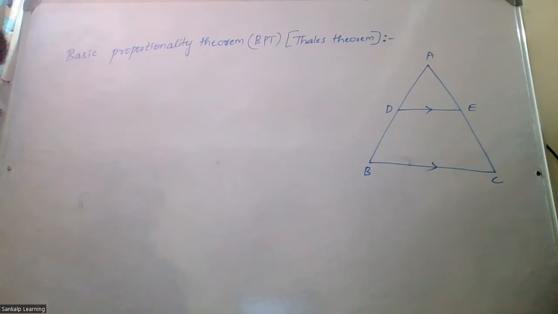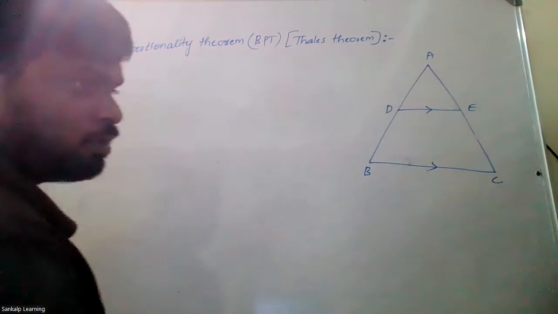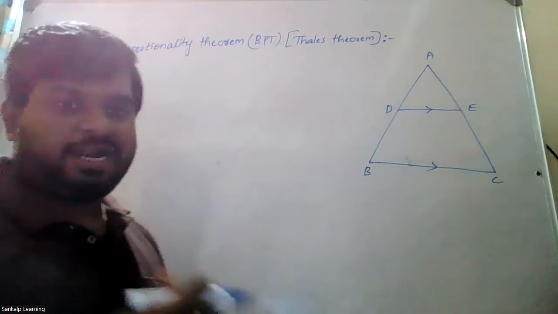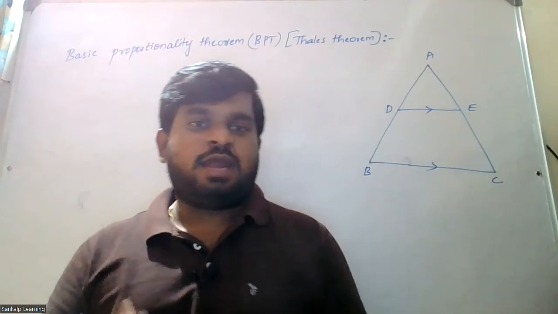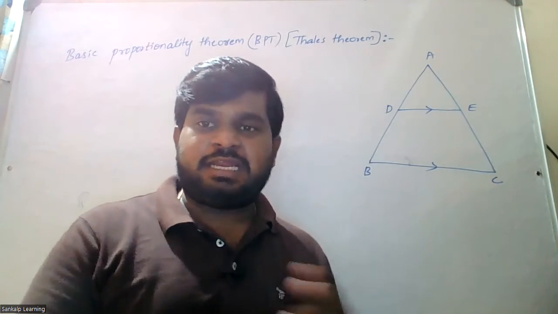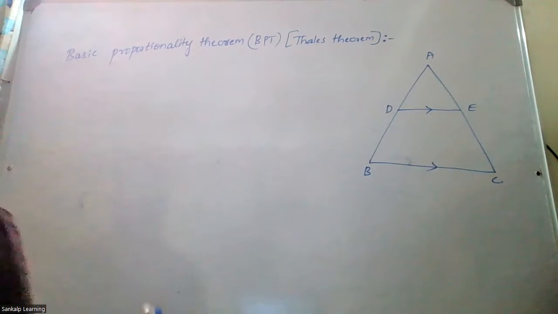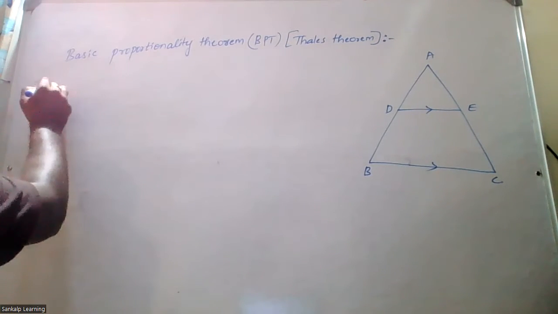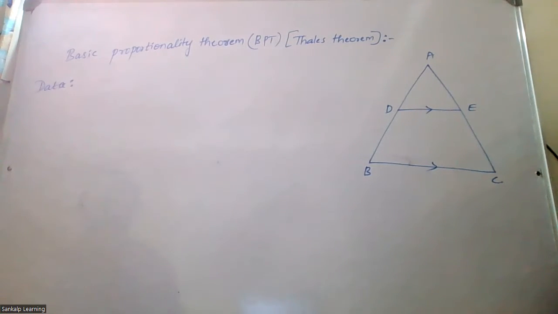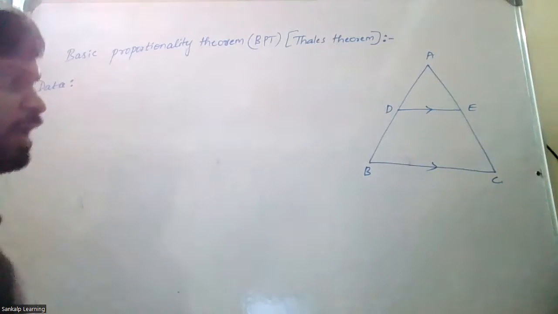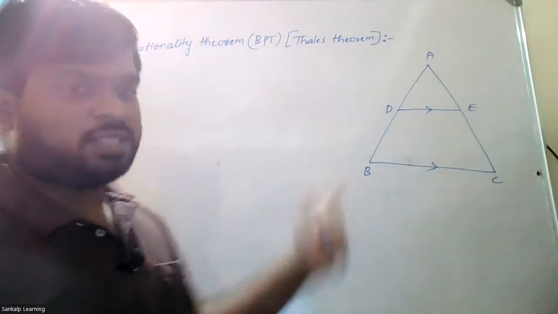Okay, and the theorem, the first couple of steps are what? The data, what is given in the statement, and what we have to prove, and is there any necessary construction that we have to do. So the data is the given information. What is given? They have given us a triangle in which a line is parallel to one side of the triangle.